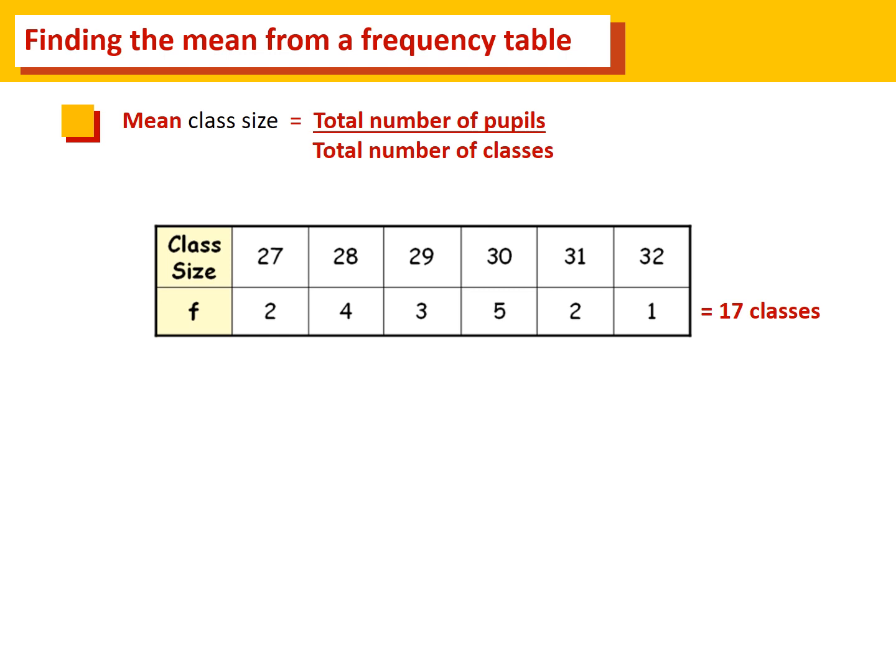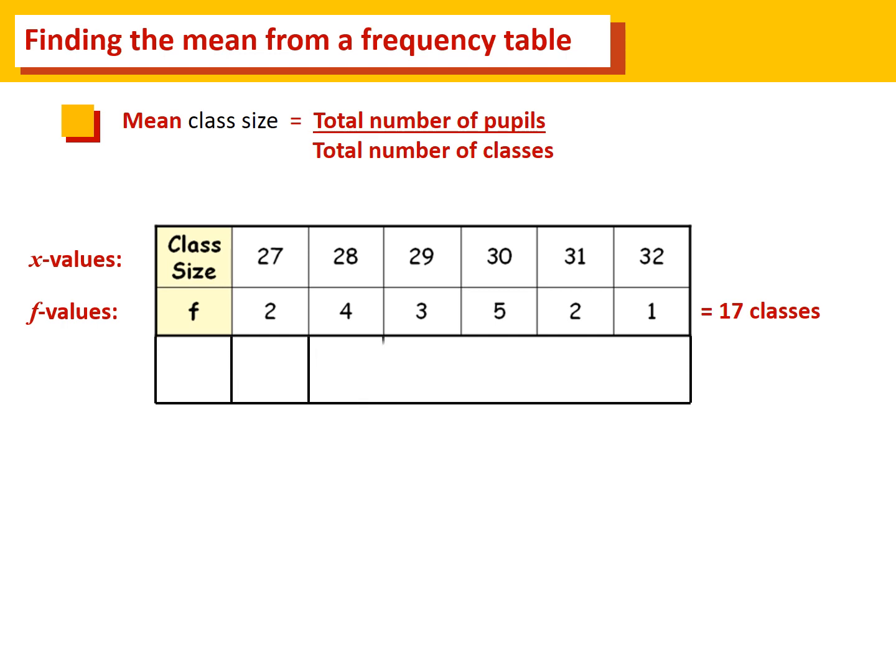A slightly quicker way of doing it is to simply take the class sizes being our x values, the frequency row to be our f values, and just to add another row onto our table, which is going to be the x value times by the f value.